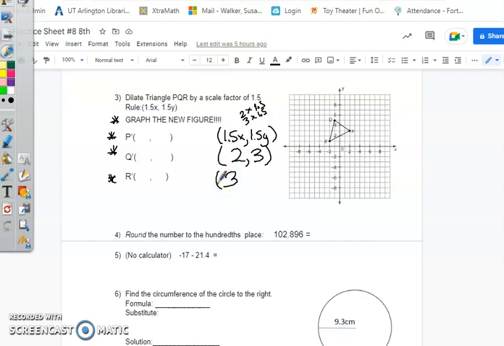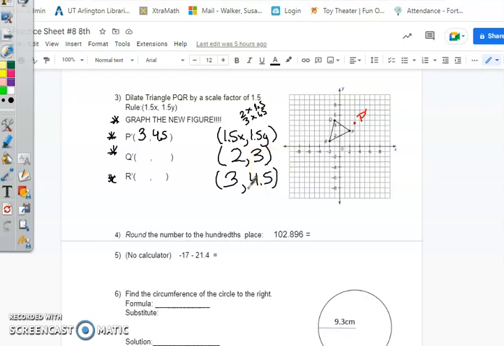Now multiply 3 times 1.5. And you should get 4.5. Okay? So 3 and 4.5. So I'm going to switch colors for this. So 3, 1, 2, 3, 4.5 is going to be in the middle, like going to the next point. So that is the new P-value, okay?